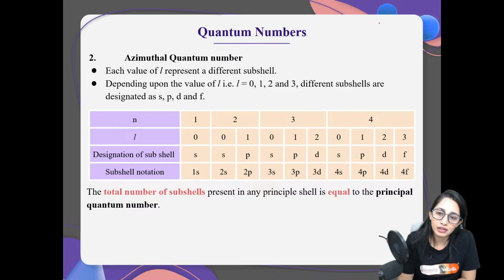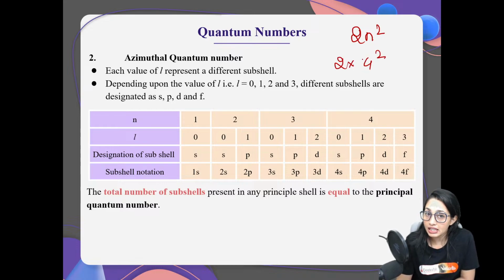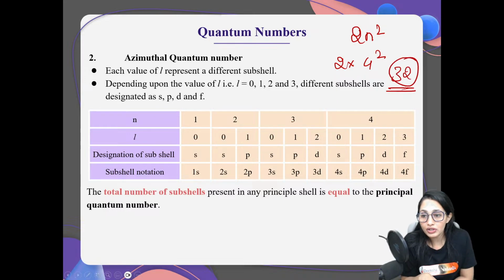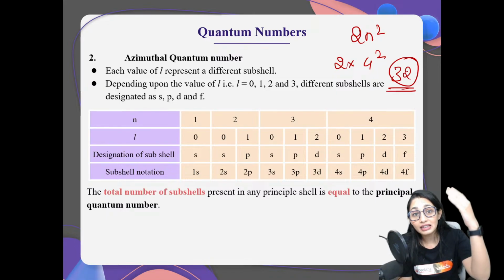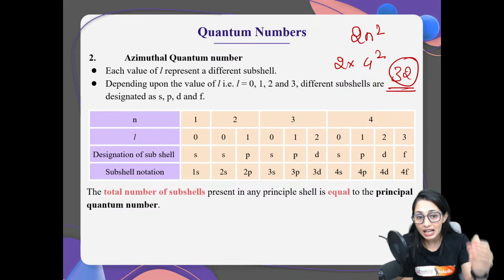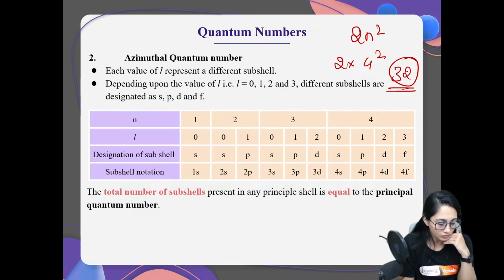You must have wondered while you were discussing 2n square, what if n is equal to 4? 4 square, 16 into 2, 32. How is an orbit going to accommodate 32? Because in the Bohr-Bury scheme, they say that the maximum number of electrons that can be accommodated in an energy level is 8. But in these orbits or shells, we have subshells.